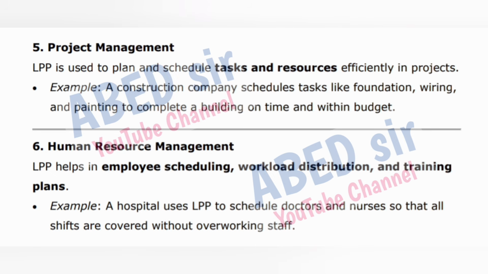Example: a construction company schedules tasks like foundation, wiring, and painting to complete a building on time and within budget. 6. Human resource management. LPP helps in employee scheduling, workload distribution, and training plans. Example: a hospital uses LPP to schedule doctors and nurses so that all shifts are covered without overworking staff.